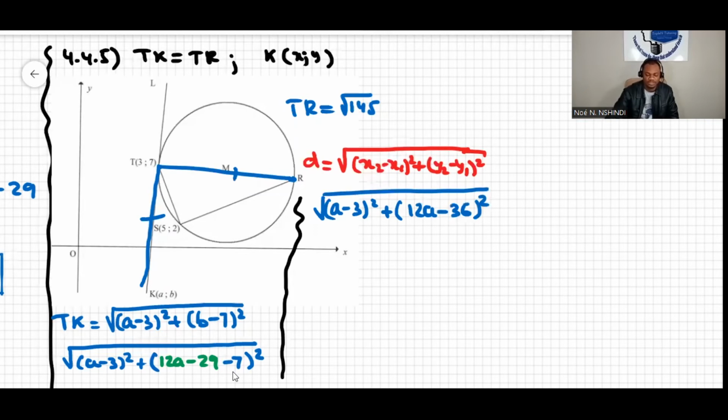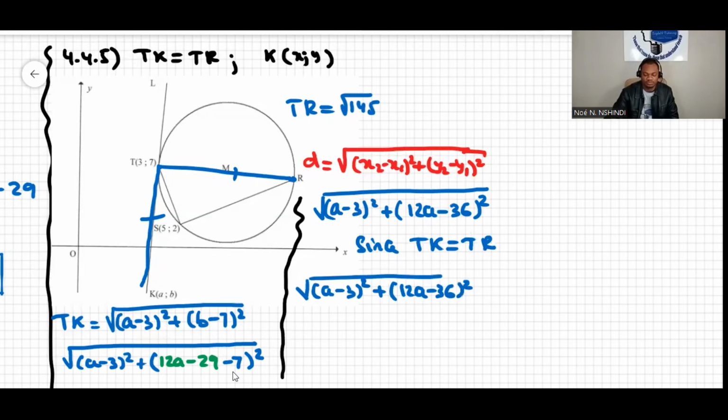Since it is said that TK equals TR, we can just equate them. So it means the square root of A minus 3 to the power of 2 plus 12A minus 36 to the power of 2 equals the square root of 145.